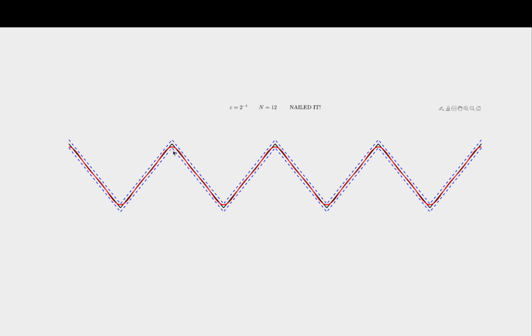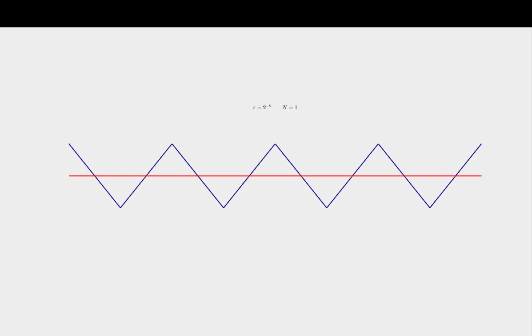Well, what if we chose a smaller epsilon? So what if we had epsilon is 1 over 2 to the 8th power? Now our blue dashed ribbon around our function is so small as to be apparently right on top of it. Let's see if we get convergence. Now remember that my truncated Fourier series is continuous, but also infinitely differentiable.